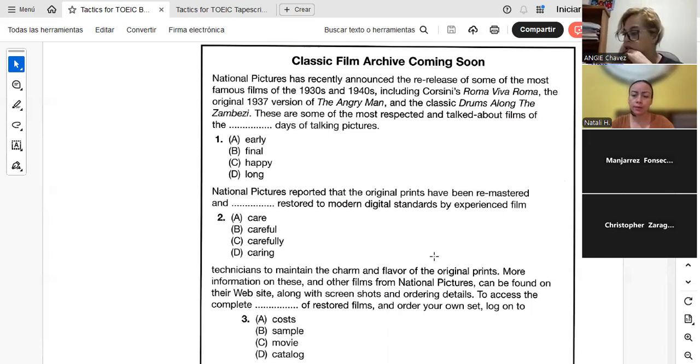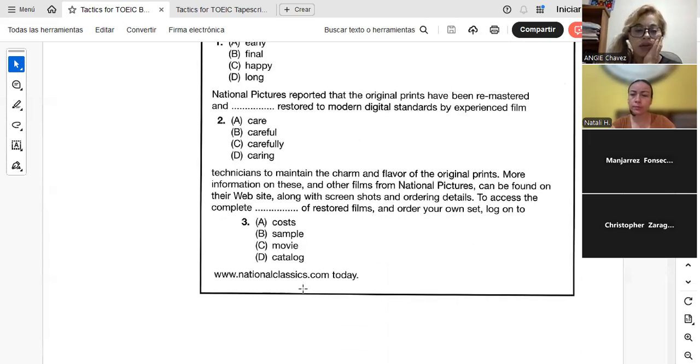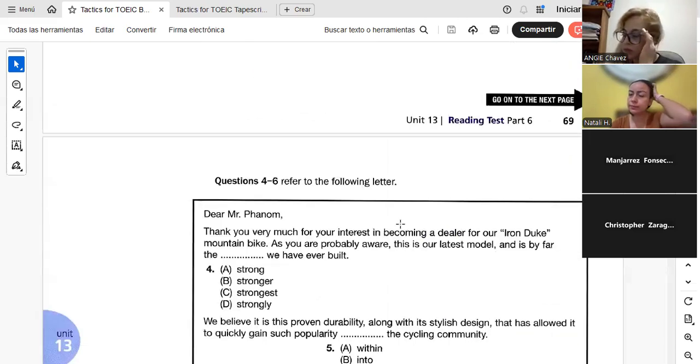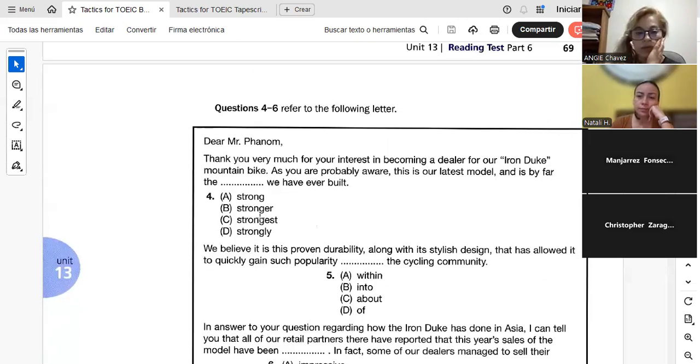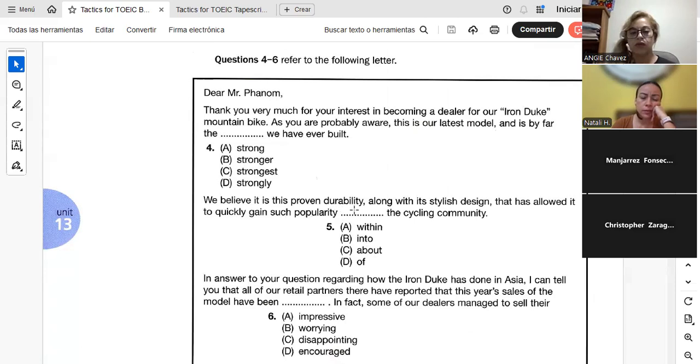Number 2, carefully. Carefully restore. Then catalog, B. Correct. Then we have the strongest, C. Then in this case, letter E.